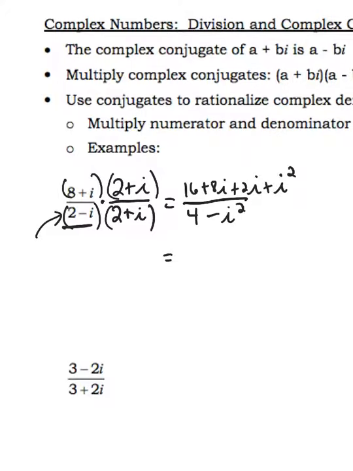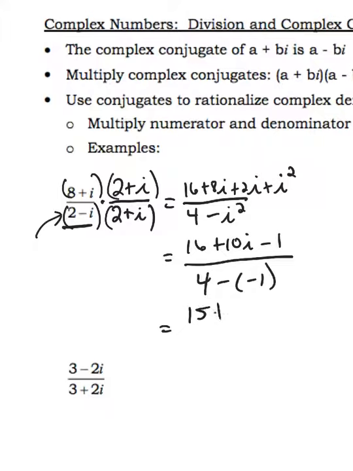We know that i squared is equal to negative 1. On top, 16 plus 10i minus 1. On bottom, 4 minus negative 1. On top, 15 plus 10i after I combine like terms. And on bottom, we have 4 minus minus 1, which is 5.